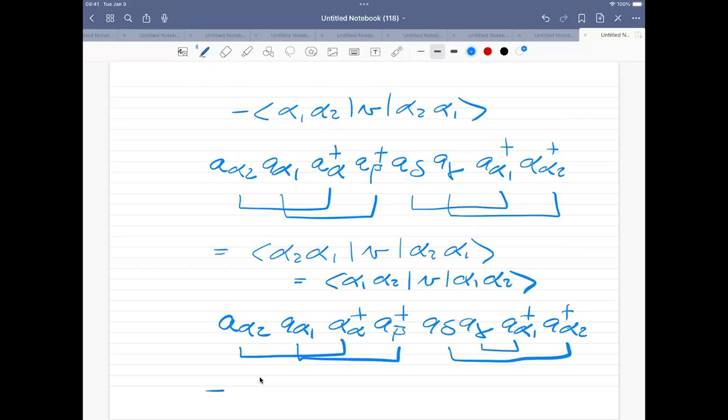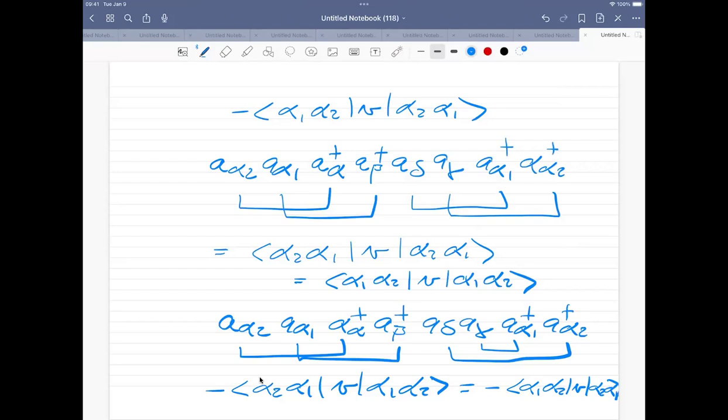And that gives rise to a minus alpha 1, alpha 2, alpha 1 of V, alpha 1, alpha 2, which is the same as minus alpha 1, alpha 2 of V, but now we interchange alpha 2 with alpha 1 here.